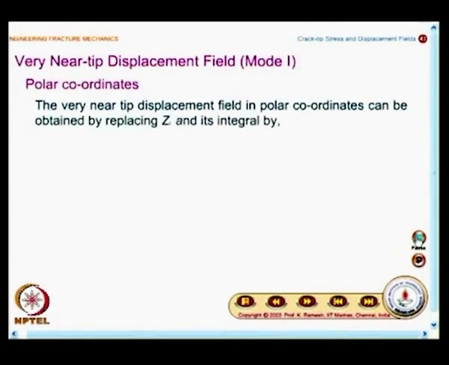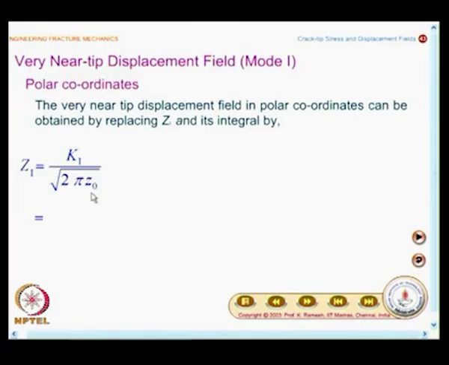See, now I am going to qualify the displacement field which is very close to the crack tip, because I am going to use the stress function Z1 as K1 by root of 2 pi z naught. The moment I bring in this, you have to understand it is a very near tip field equation.